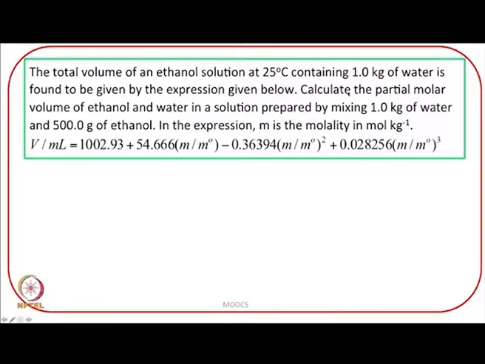Calculate the partial molar volume of ethanol and water in a solution prepared by mixing 1 kg of water and 500 gram of ethanol. In the expression, m is the molality in mole per kg. V is the total volume of the solution and its dependence on molality is given by this expression.